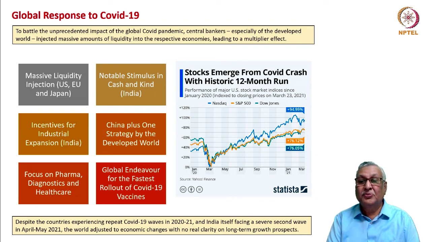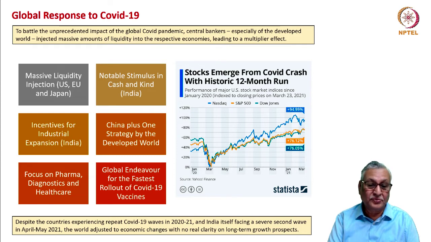Because of the liquidity push that has happened, stocks emerged from the COVID crash with a historic 12-month run which continued well into 2021 until recent times, when the US Fed and other central banks started announcing their intention to rein in liquidity to combat inflation.